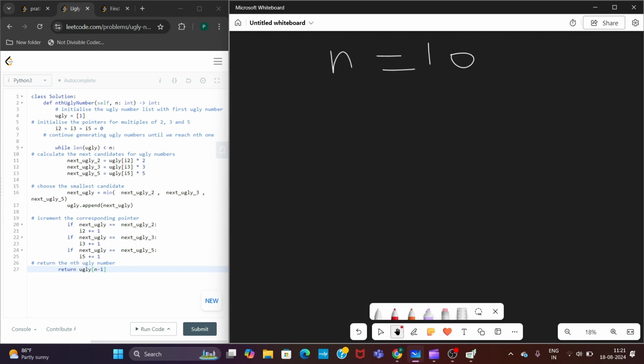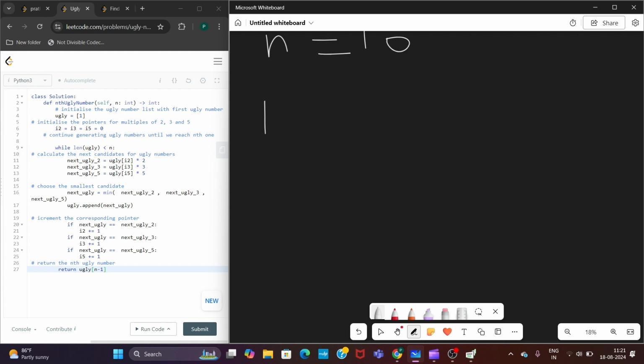In this case, what will we do? Okay, let's solve the question. For the first iteration, my n is 10 over here, and the length of ugly is basically 1 only. So it must be less than 10 for the while loop.